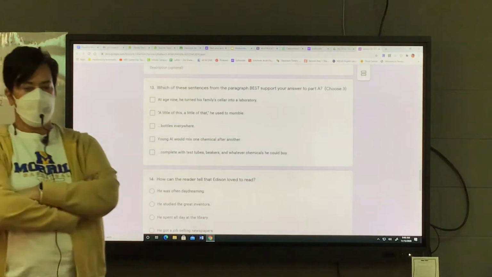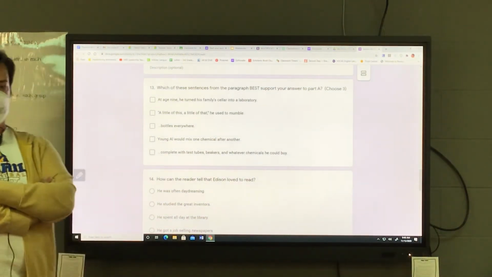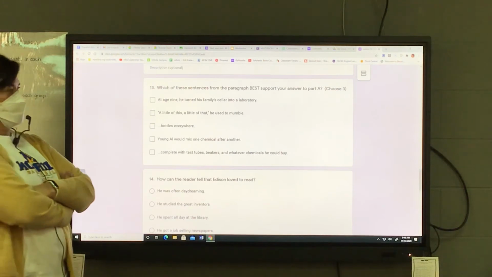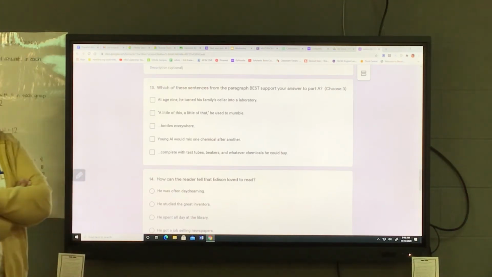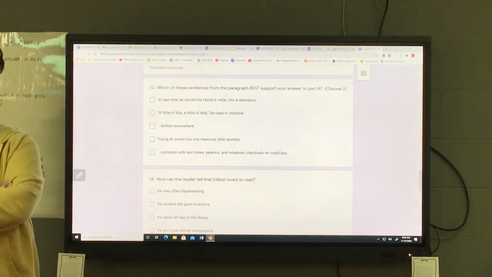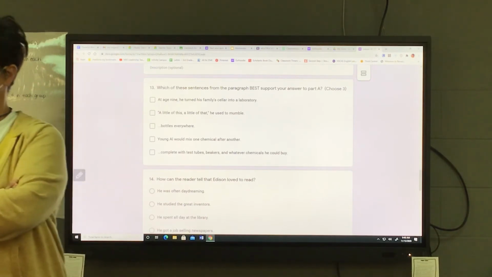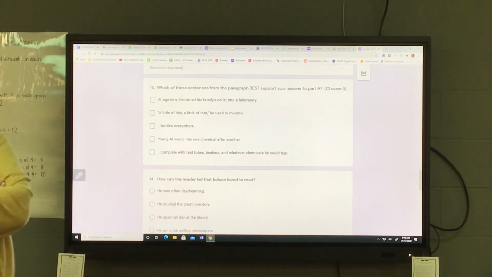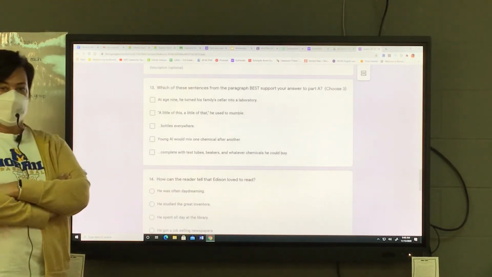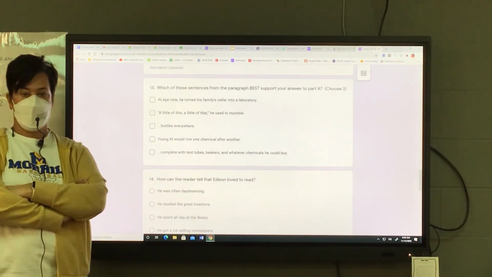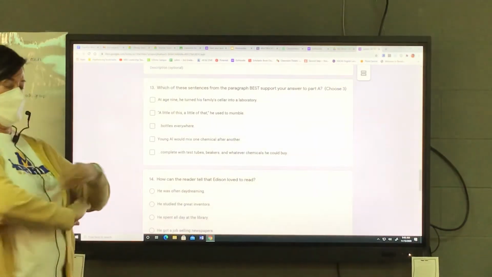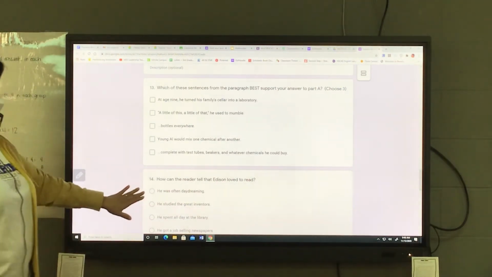Cross your arms once you have those 3 chosen. If you're still reading through, that's fine. Okay. Did I give everyone enough time? All right, let's look at 14 then.